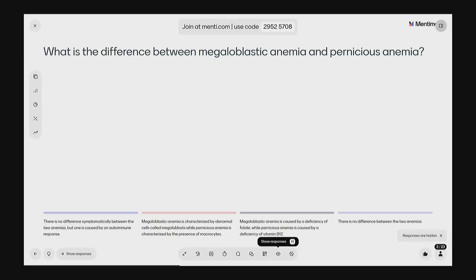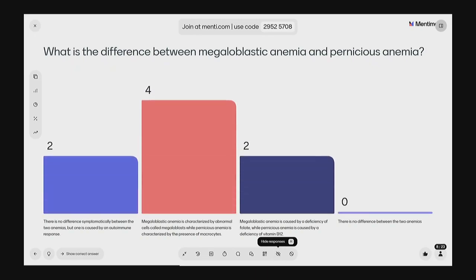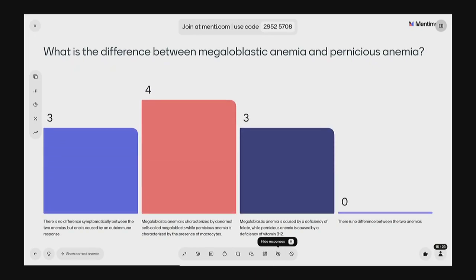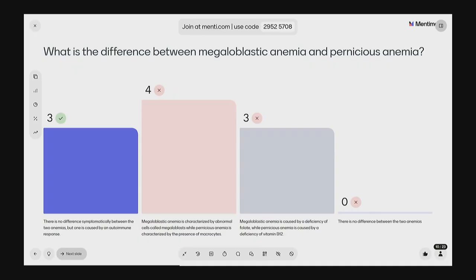If you have any follow-up questions, you can just let us know and we can answer as we move on. Okay, so let's see the responses here. What is the correct response? The correct response is the first one.